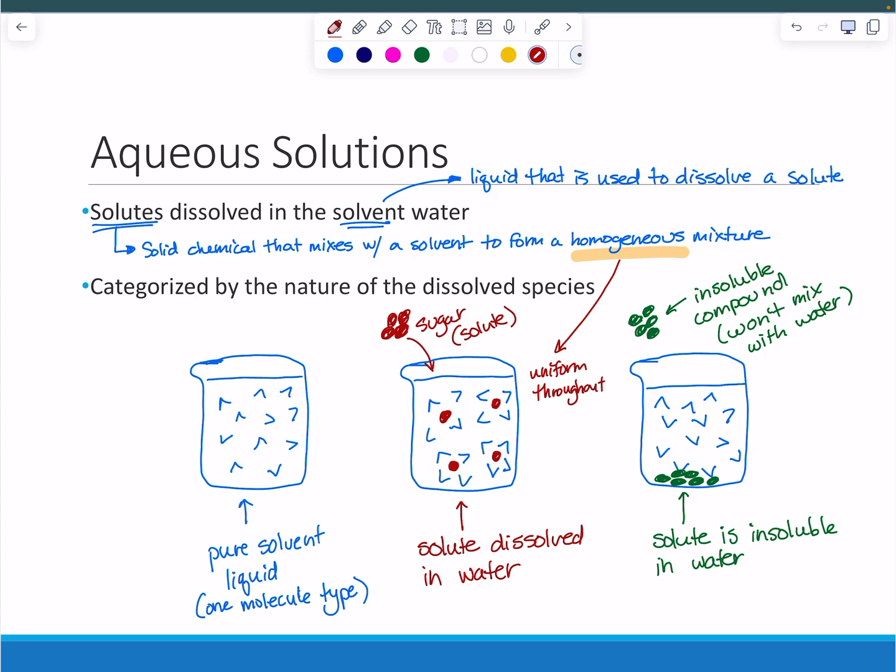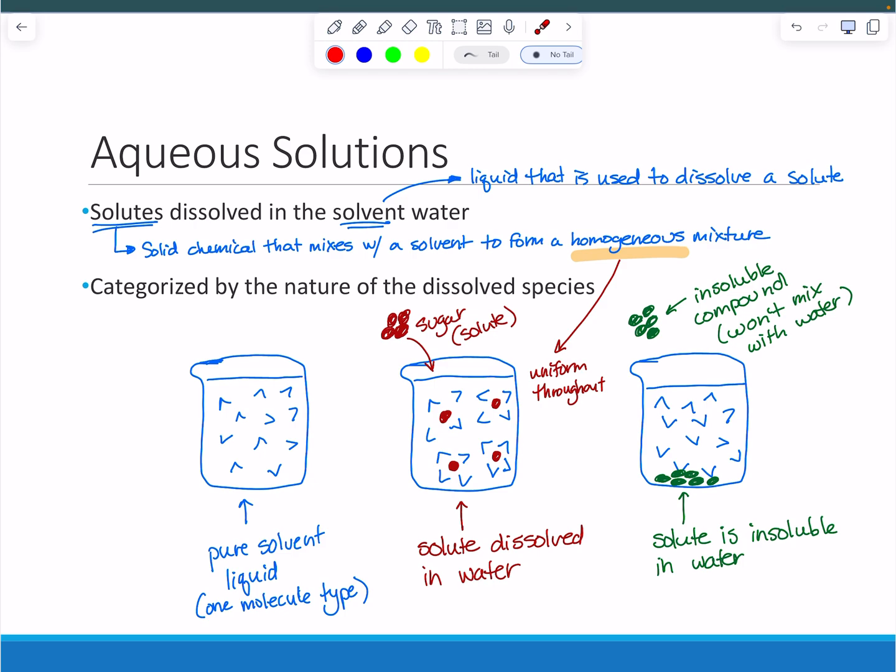Okay, so just like this. And it's good for iced tea because you can put a little squirt of this pre-dissolved sugar and it will mix quickly into your iced tea, whereas if you tried to put a packet of solid sugar in, it would take a while to dissolve in your cold tea.